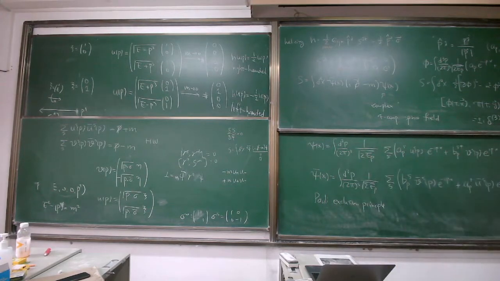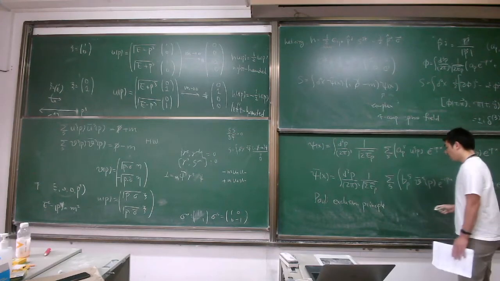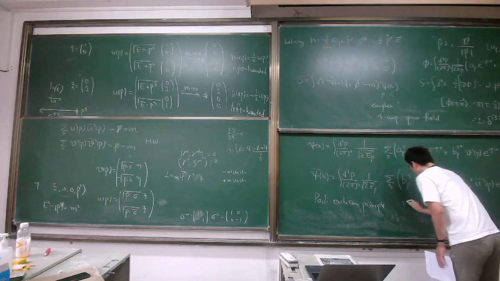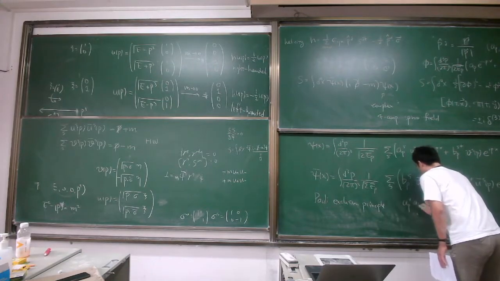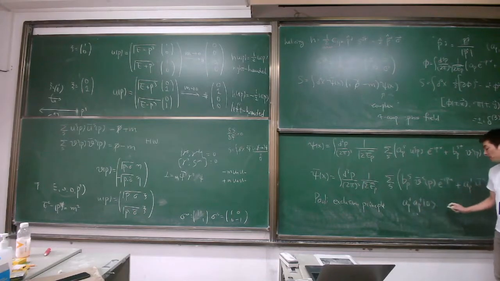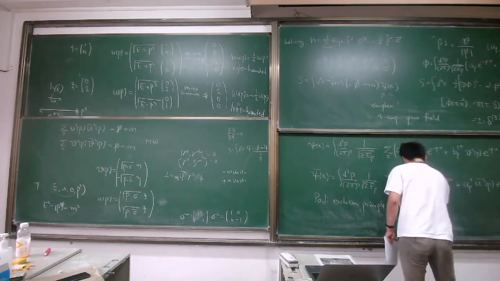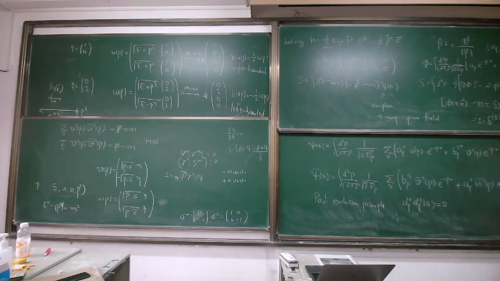So the Pauli exclusion principle tells us that two fermions cannot take the same state. So therefore, we have to impose the following. If you have a vacuum and act with a creation operator twice, the same creation operator, maybe I should include the s here, you have to get 0, because otherwise it violates the Pauli exclusion principle.